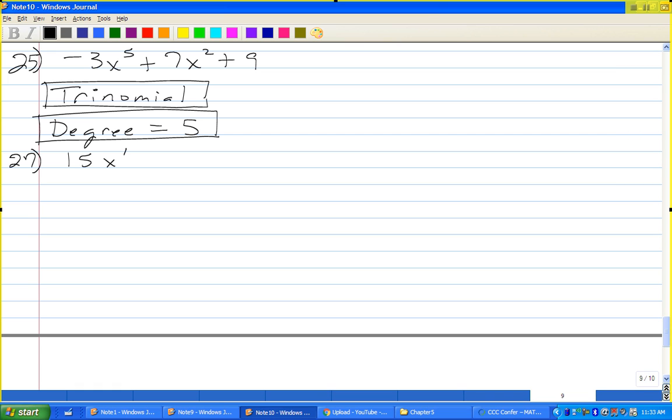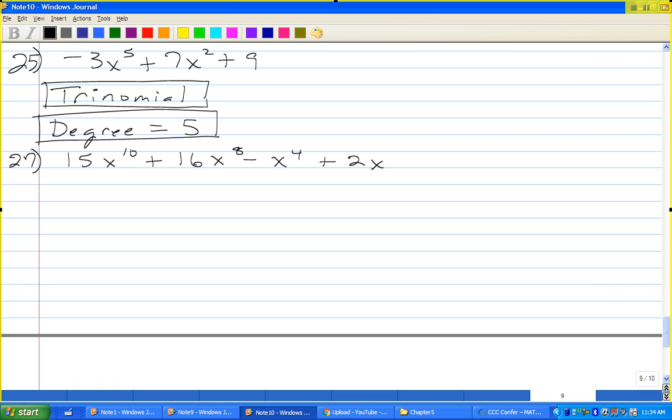15x to the 10 plus 16x to the 8 minus x to the 4 plus 2x. 1, 2, 3, 4. There are 4 terms.